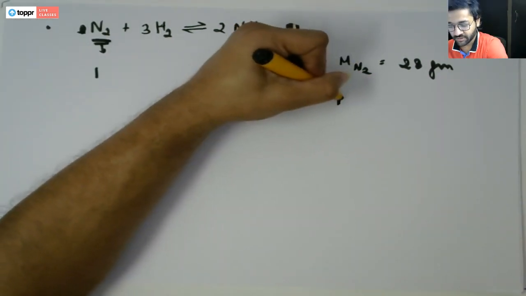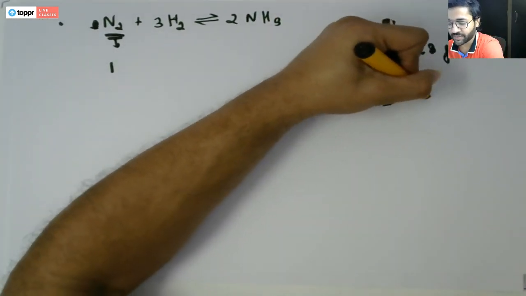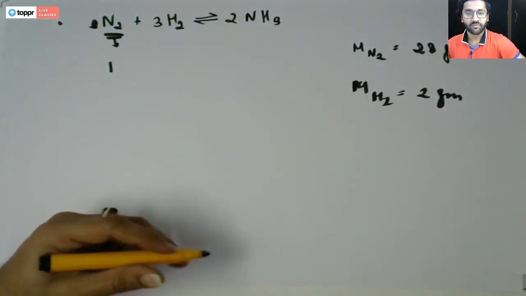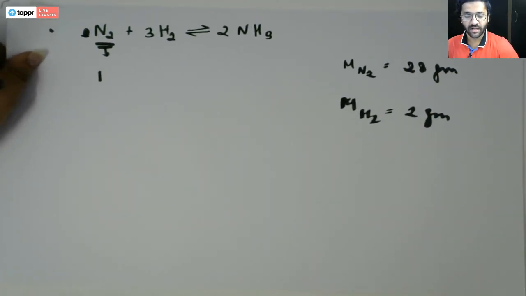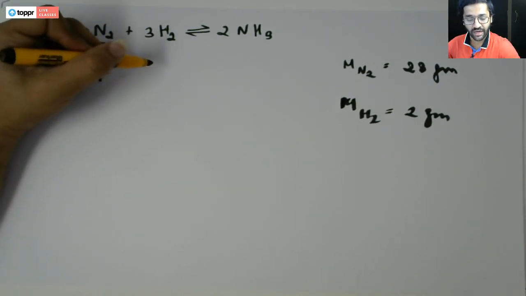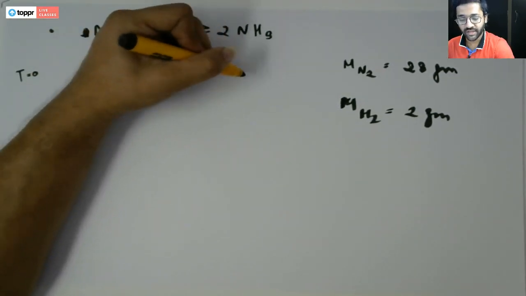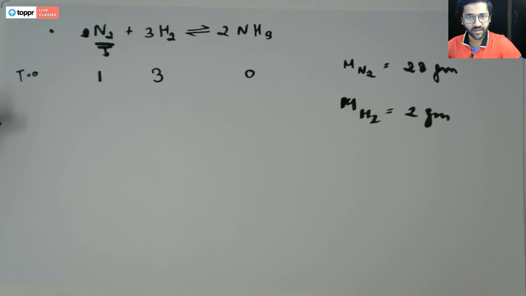For hydrogen, the molar mass is 2 grams, whereas initially our hydrogen amount is 6 grams. Hence the moles that come out for hydrogen will be 3 moles, correct? And initially at t equals 0, ammonia is 0, correct?